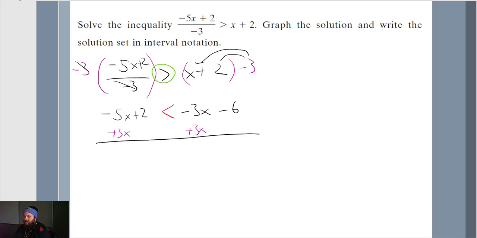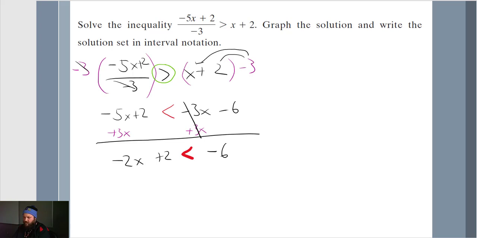So negative 5x plus 3x gives me negative 2x plus 2, which is going to be less than, and the negative 3x plus 3x goes away, so negative 6.